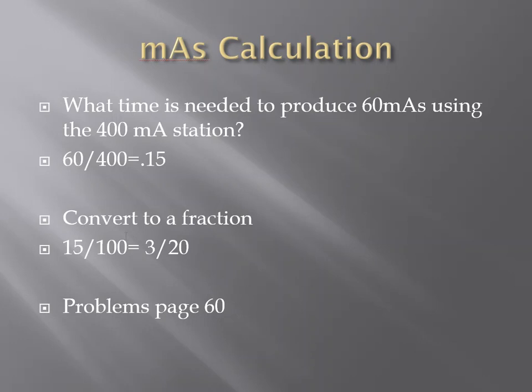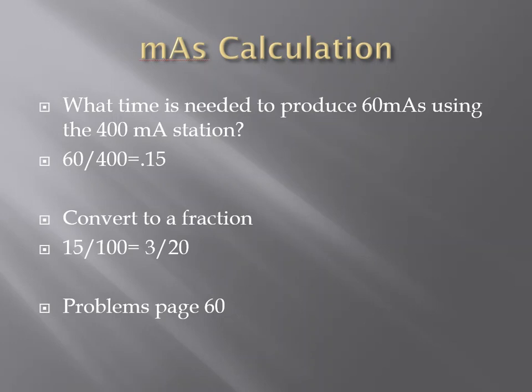So that's an improper fraction, and it's improper because you can reduce it to a lower number. Both of these are divisible by 5, so if you divide 15 by 5, you get 3. If you divide 100 by 5, you get 20. So 3/20ths is a proper fraction, as opposed to 15/100ths, which is not.